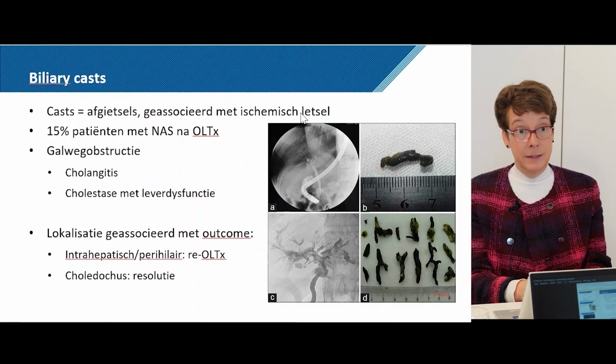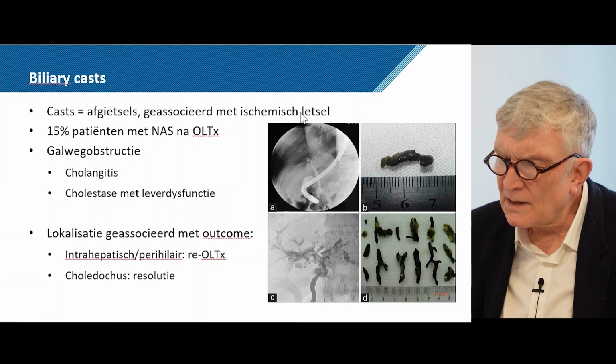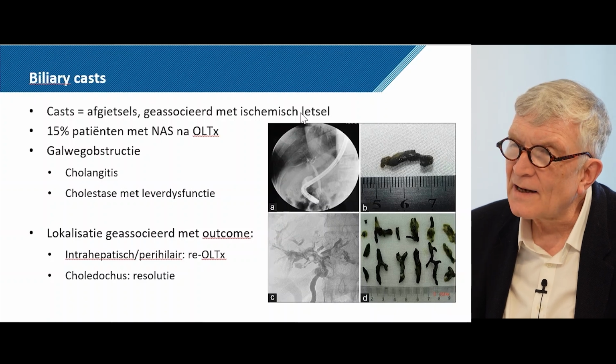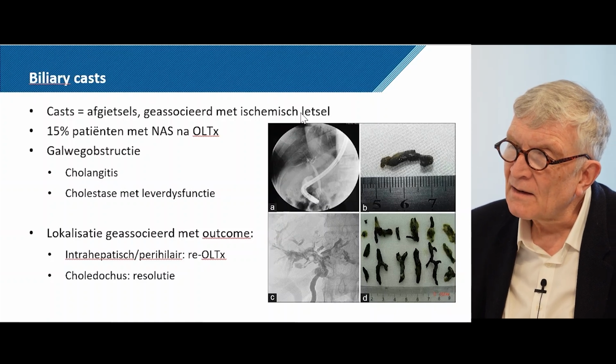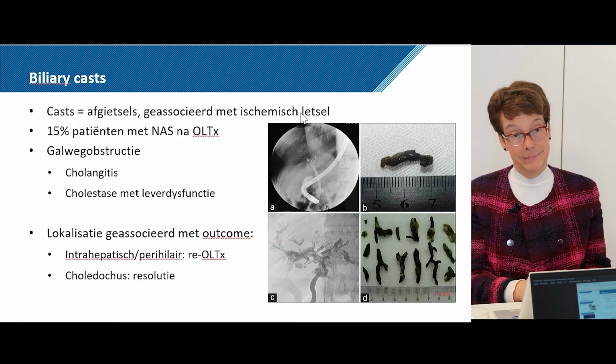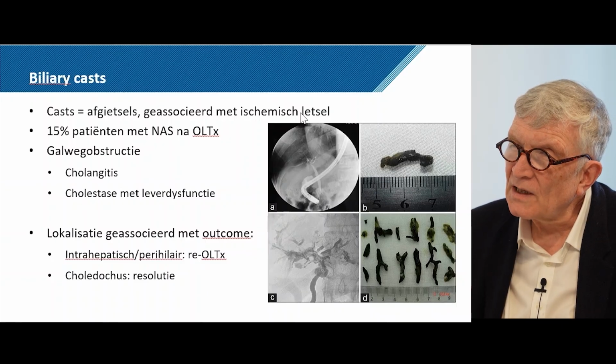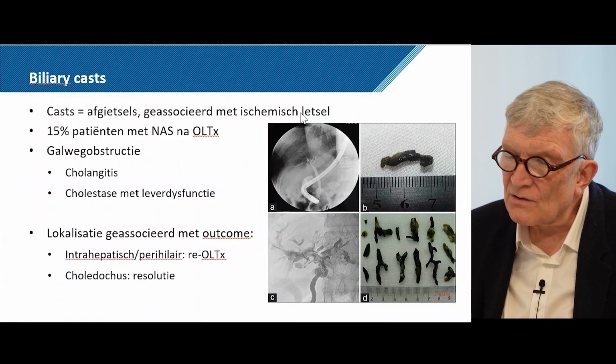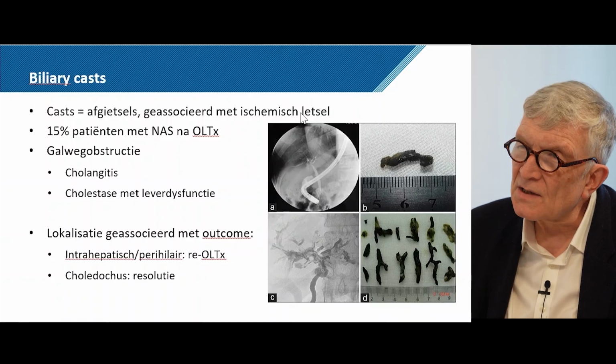Okay. Of course the hepatologists decide when the endoscopist is coming in, and that's usually, as you said, cholangitis or elevated liver enzymes. Does imaging help? Maybe ultrasound, that's simple, but is MRCP mandatory? Yeah, especially in the early phase, you won't see this cast on an MRI.